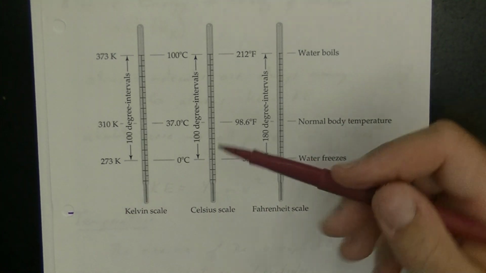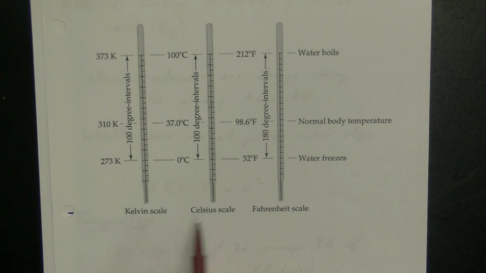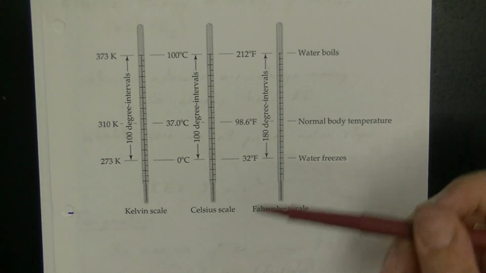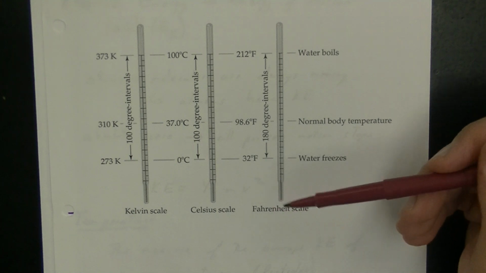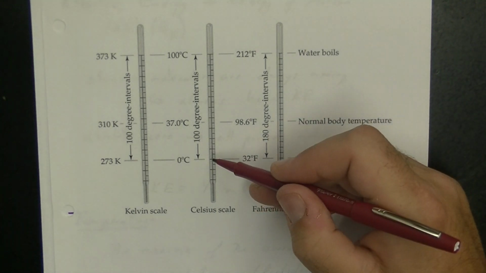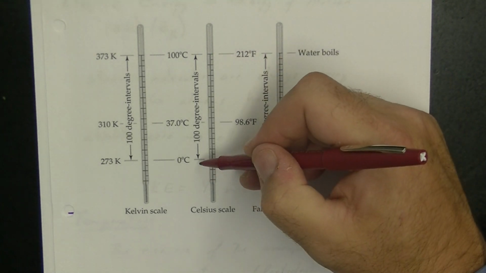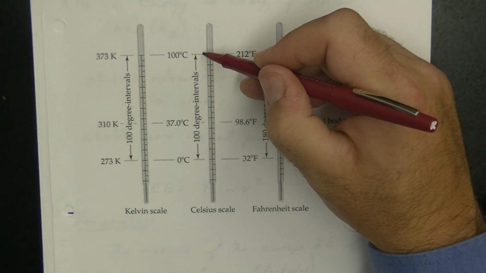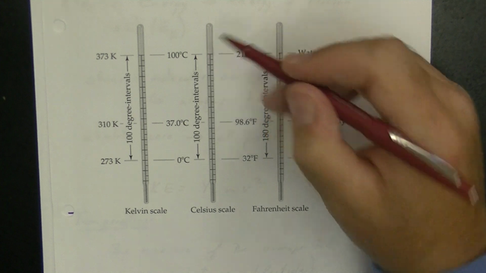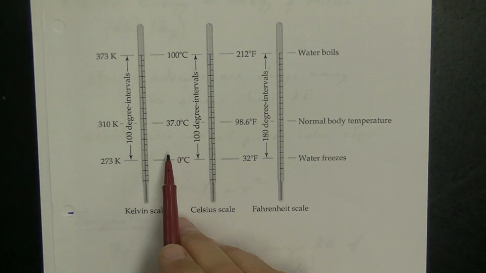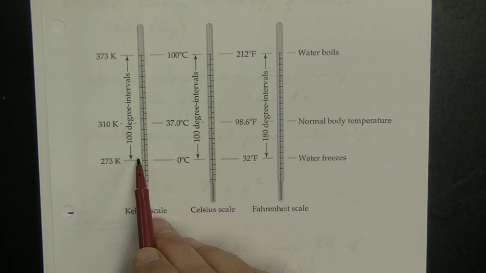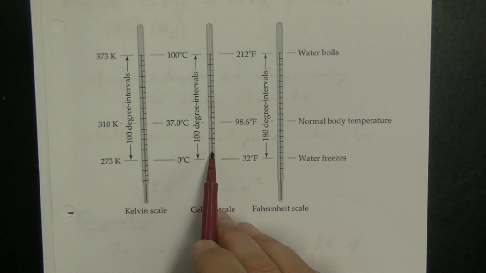So remember, the Kelvin scale and the Celsius scale are actually the same exact scale. The only difference is what we call zero. In the Celsius scale, the freezing point of water is 0 degrees Celsius, and the boiling point of water is 100 degrees Celsius. We use the same change, and a change of 1 degree C is equal to a change of 1 Kelvin.